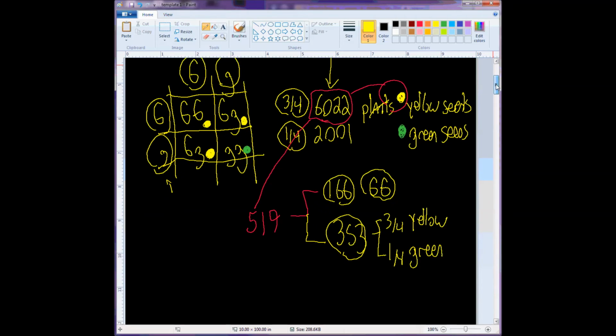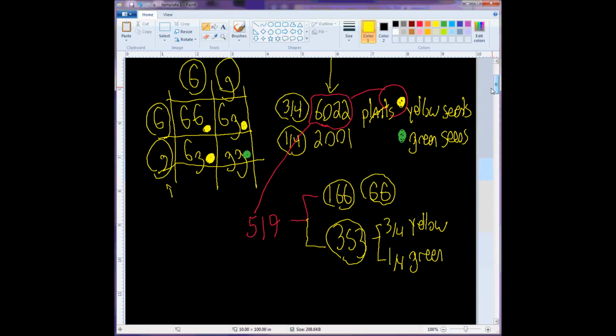So what is that telling us? The question now is, and they call this the F3 generation here. So these are all F3 plants here.